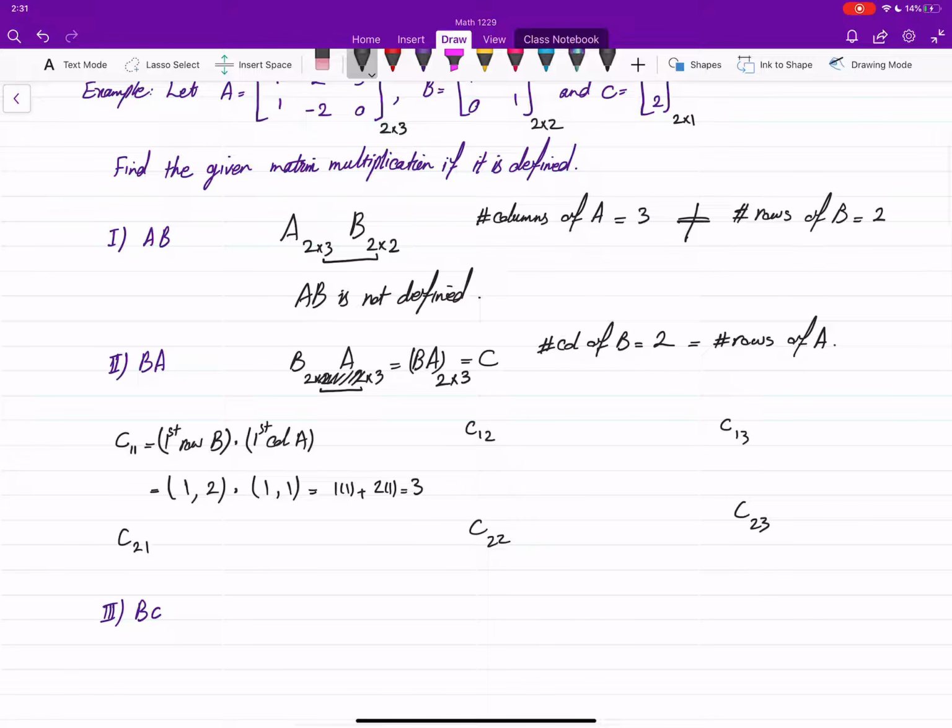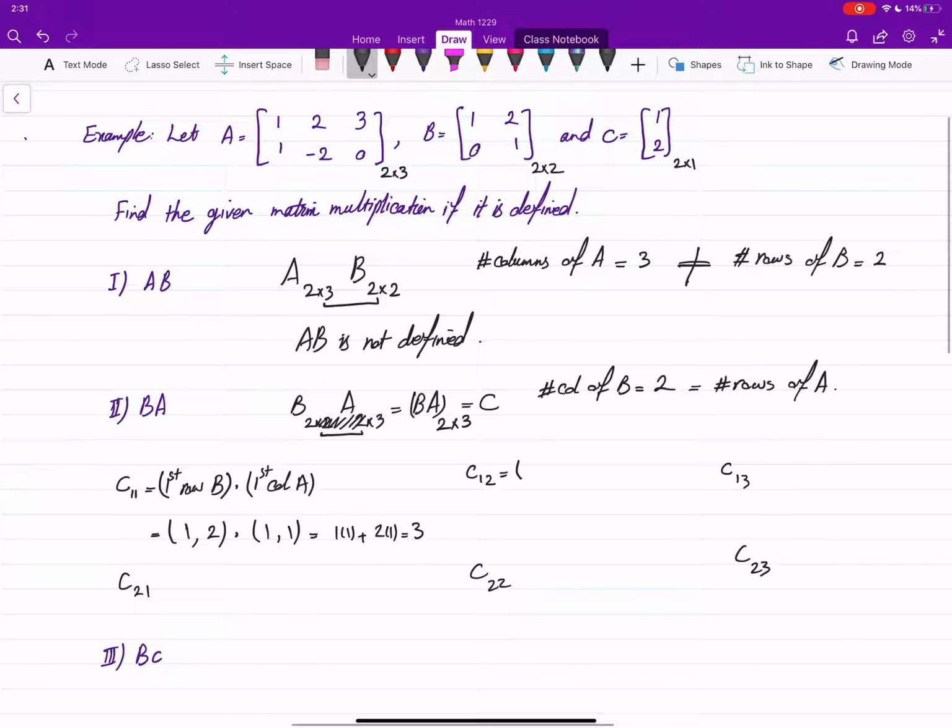How about the 1,2 entry? Pick the first row of B, 1, 2, dot the second column of A, and this gives us 1 times 2 plus 2 times negative 2, which together is negative 2.